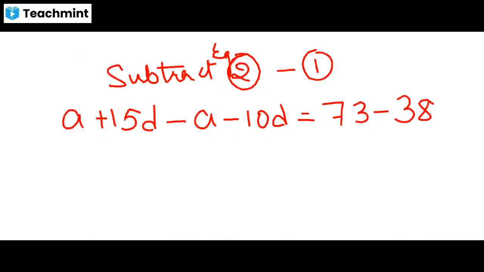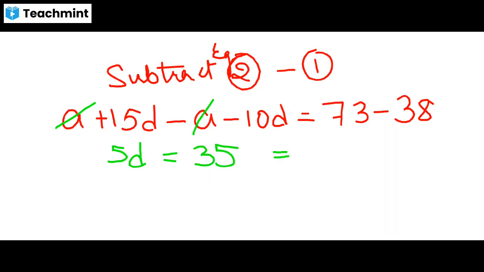Now what can you cancel in this? Observe carefully, children. a, yes, plus a minus a will get cancelled. Now 15d minus 10d, what do you get? 5d. 73 minus 38 is 35.